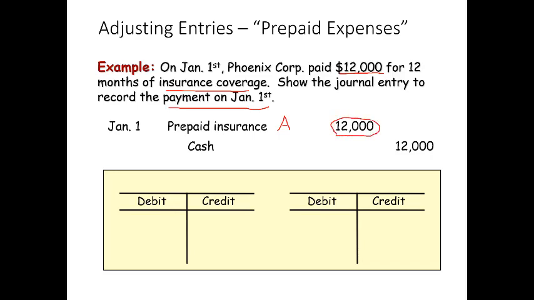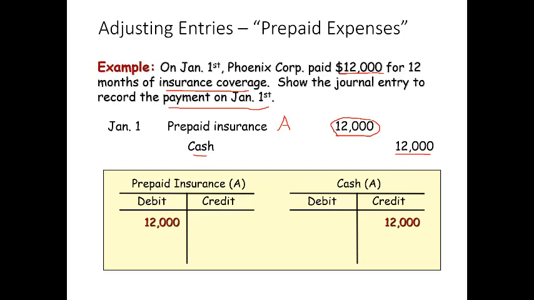So it's going to appear as an asset on our balance sheet of $12,000. We paid for it up front, but we haven't used the insurance coverage. The insurance coverage is going to be valuable for 12 months. So just something to keep in mind, this is not the adjusting entry. This is just the entry that we record when we pay this cash.